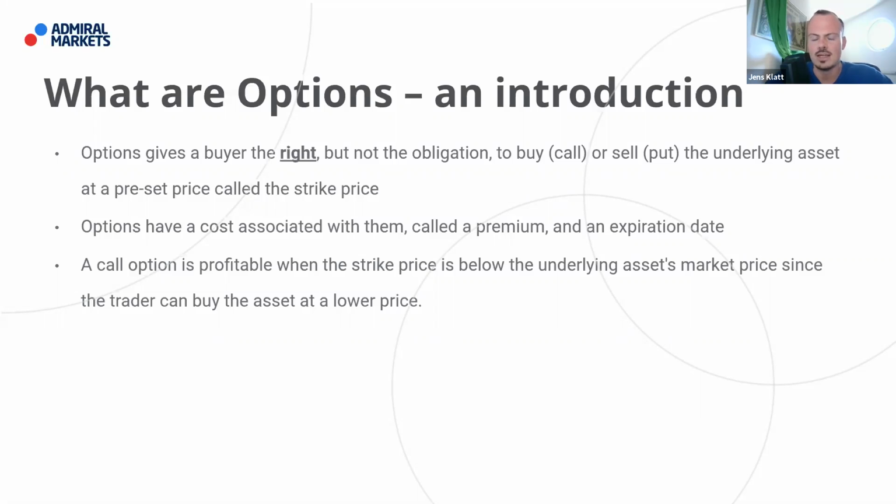Let's say you have a strike price of 100 and the market moves to, let's say, 150 in whatever asset we look at, let's say stock XYZ. Then the stock price is 150 euros, but since you have the right to buy, you just bought the option, you have the right to buy the stock at 100, in fact.